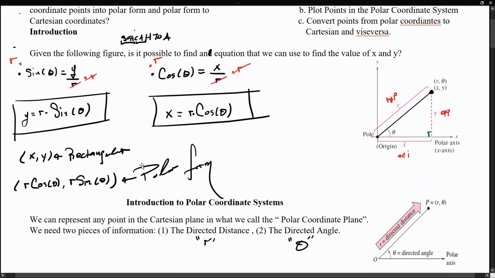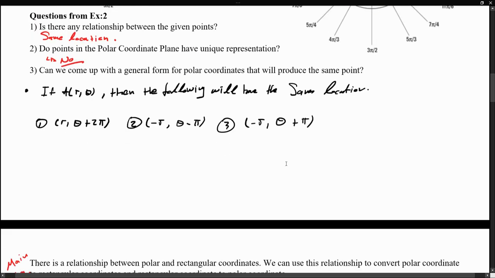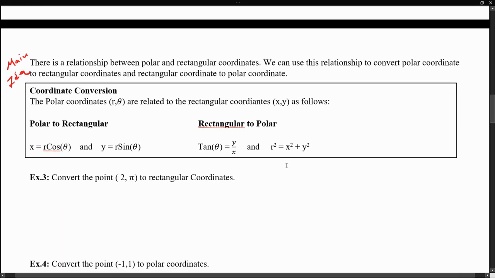Because we've just shown that a point x comma y can be represented in polar form. So does that mean that polar form coordinate points can also be represented in rectangular form or x comma y? And yes, we can go back and forward between them too. So the polar coordinates, which will always be represented as r comma theta, are related to the rectangular coordinates x comma y as follows.